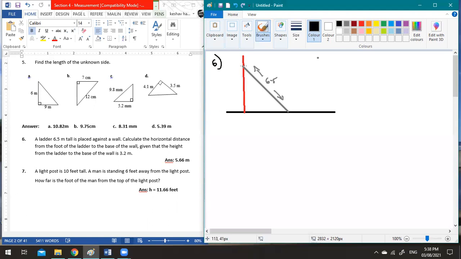Mathematically, we know walls are built vertically, which is straight up, and the ground is horizontal, so we will get a 90-degree angle here. Now they say calculate the horizontal distance, so they want this value here. Let's call it x for now.